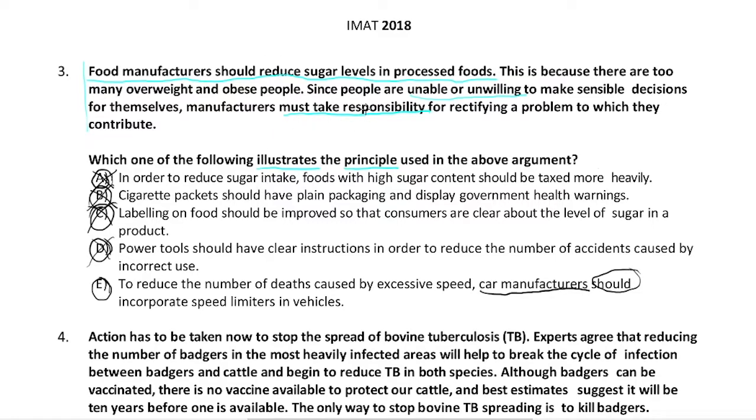The author would say that people are unable or unwilling to make sensible decisions, so the manufacturers must take responsibility. And in this case, the car manufacturers should incorporate speed limiters in the vehicle. So our answer is actually letter E.